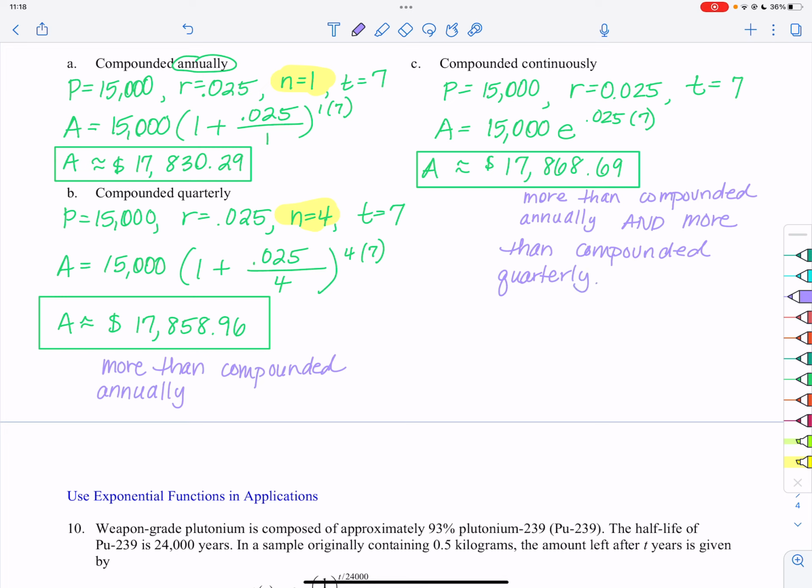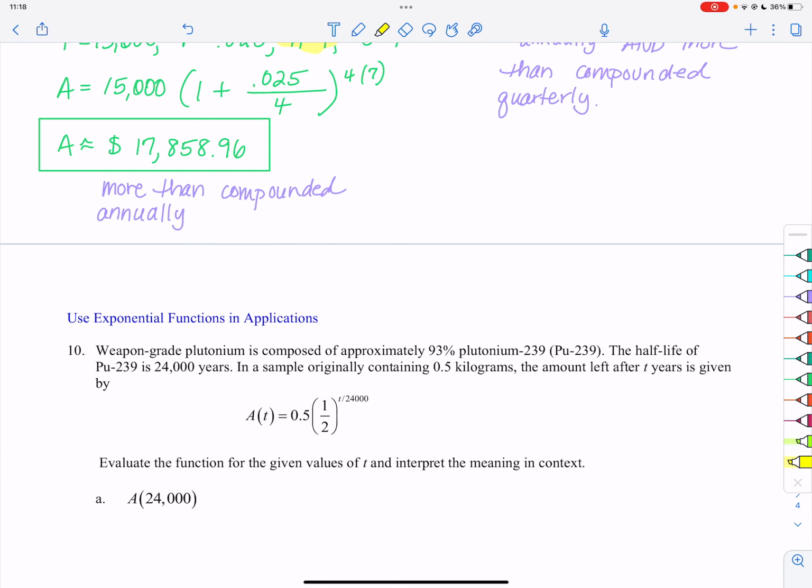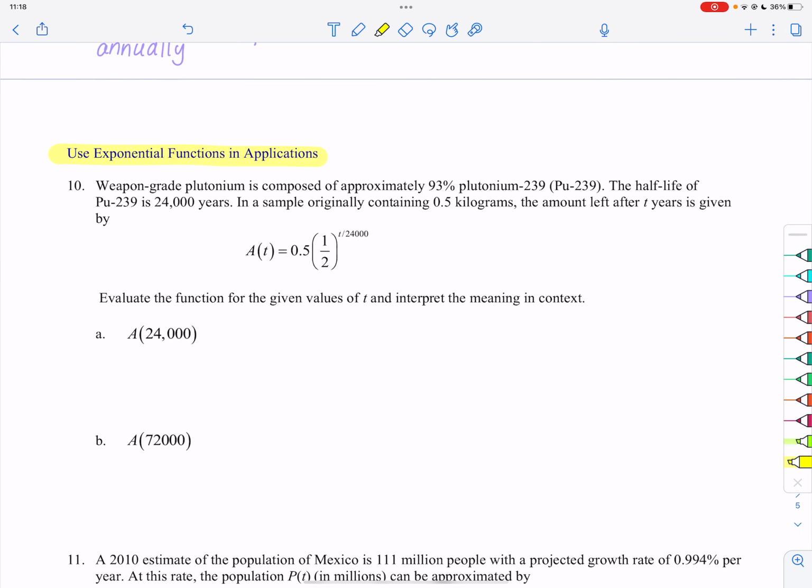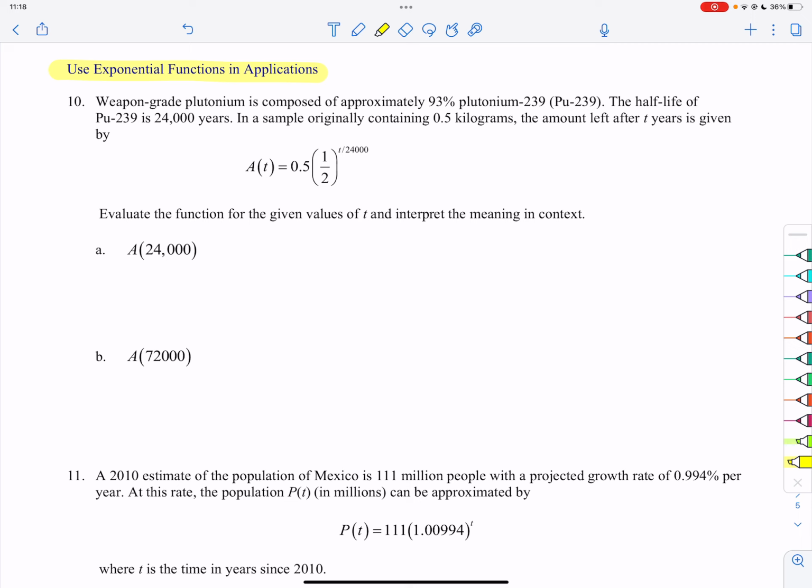Okay? So now let's use exponential functions in applications. So plutonium, which is weapon grade, is composed of approximately 93% plutonium.